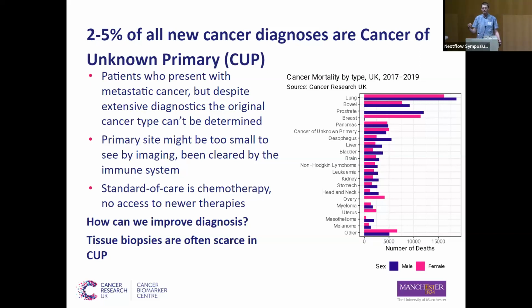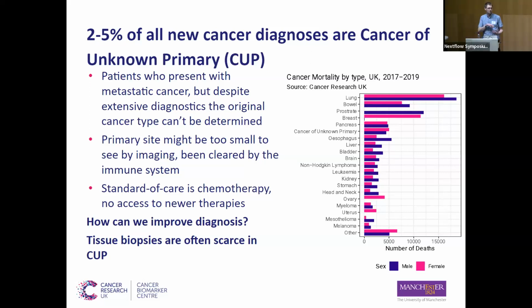They have been diagnosed as having cancer, but despite a lengthy diagnostic workup, they can't figure out what original cancer type it was. So this might be because the primary site is too small to be seen through imaging, or in a really hard and awkward place to image, or it might have been cleared by the immune system and no longer there.